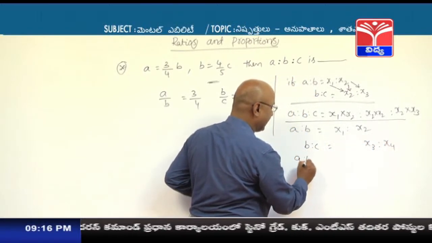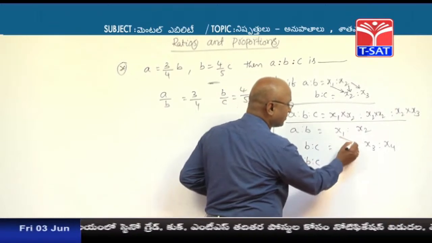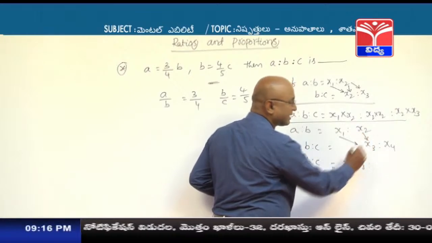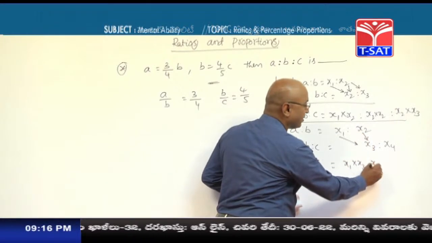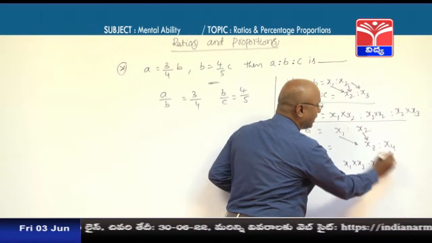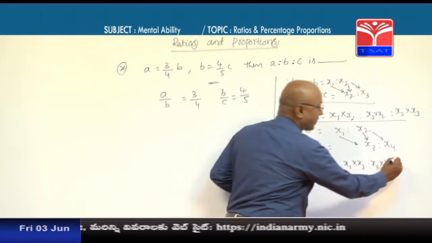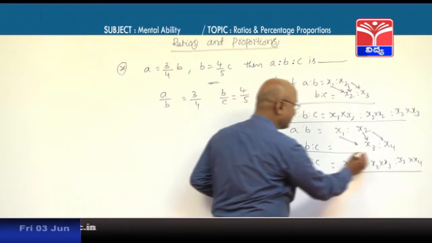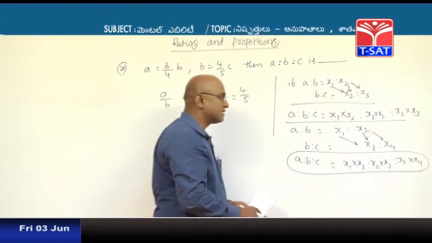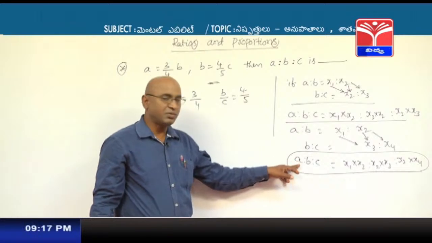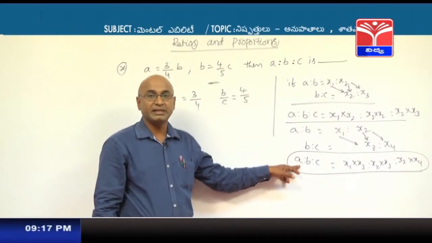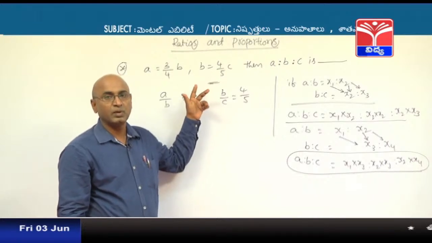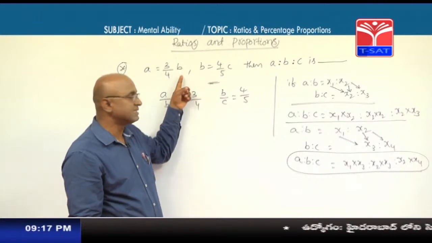Then A is to B is to C is equal to x1 into x3 is to x2 into x3 is to x2 into x4. It is the very, very important formula to remember. Why? Because sometimes A is to B is to C cannot be given directly. They will give you the ratio in terms of two expressions, same as in this case.